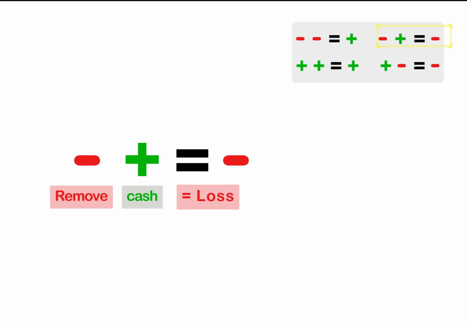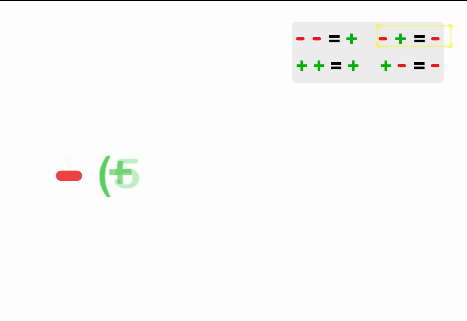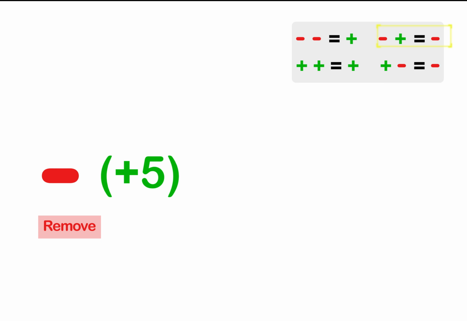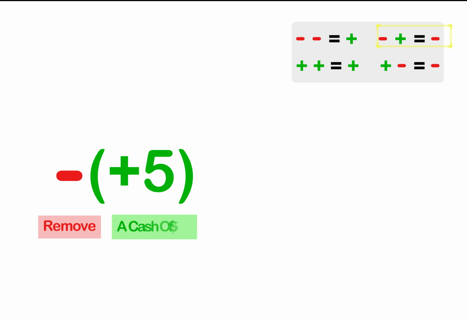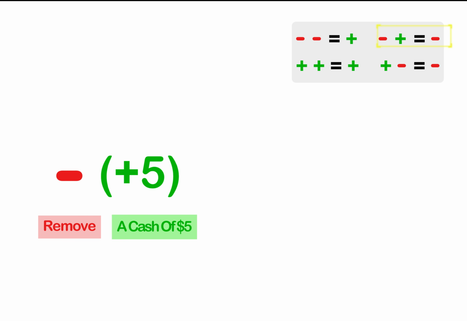So minus plus is a negative result. Example, we have minus plus 5, which means remove $5. Remember, the first sign is an action and the second is a tag. Removing 5 dollars of cash means you are losing $5. That is a minus $5 for you.